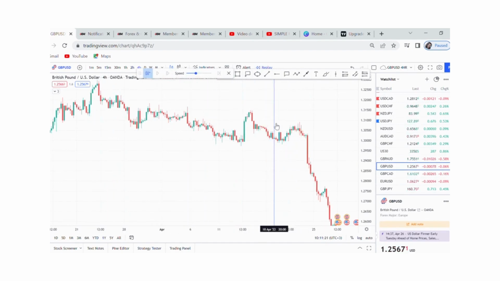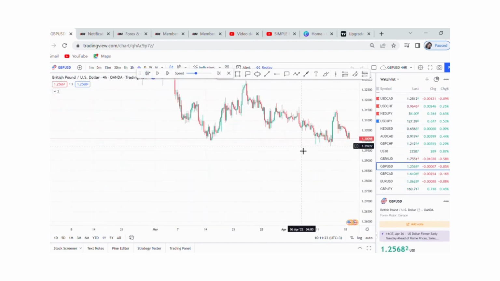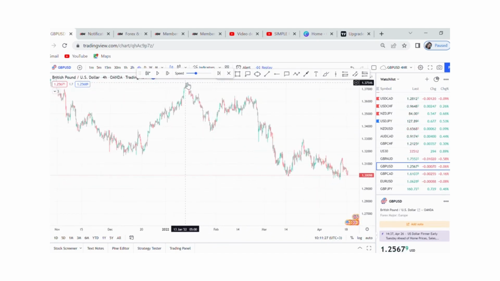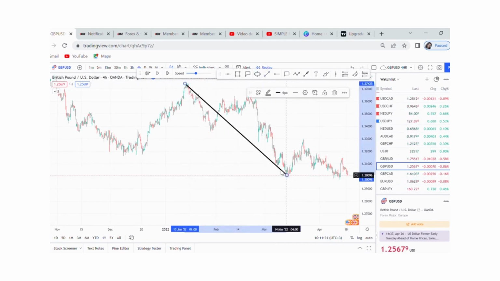So I've told you, if the market is trending from the upward, this market of course is a sell. You can see it has been selling and then it has entered a channel. This channel is what we are identifying as a box.